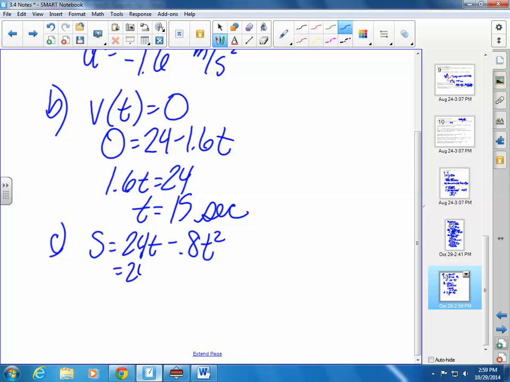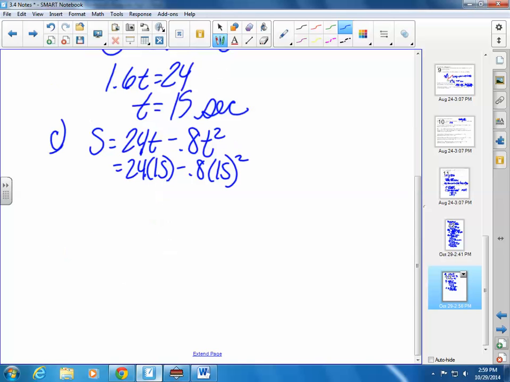So 24 times 15 minus 0.8 times 15 squared. Did you do a minus here or did you do a plus? Yeah, I think it should be 180 meters.